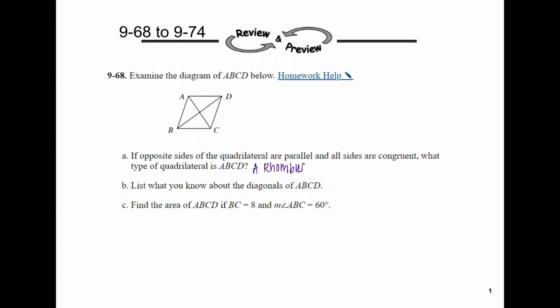Well, we know in a rhombus the diagonals are perpendicular, and we also know that they intersect at each other's midpoints.